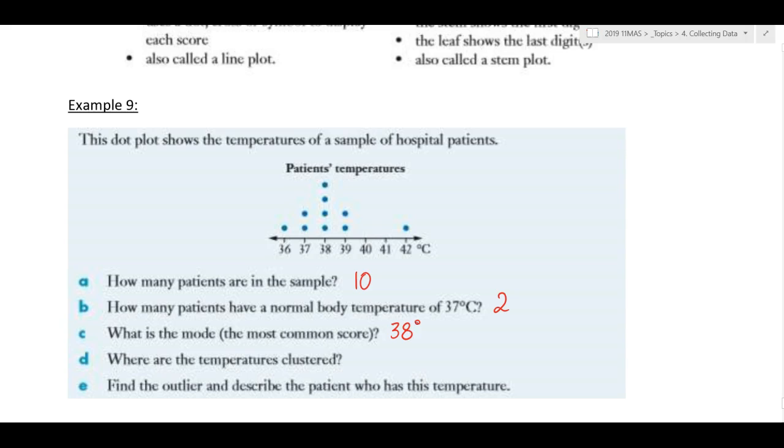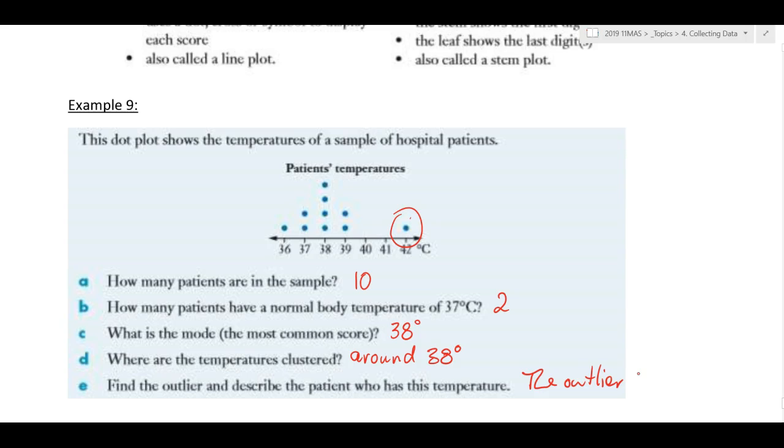Where are the temperatures clustered? Oh, around 38. I guess we could say it's sort of 36 to 39, but really, what am I saying then? Not much. Find the outlier and describe the patient who has this temperature. Well, we would, by inspection, say the outlier is 42 degrees, right?